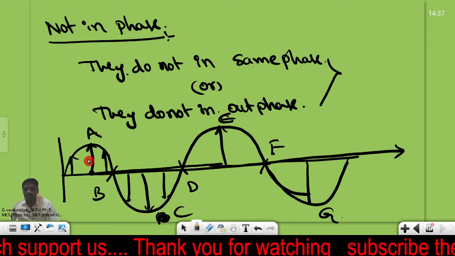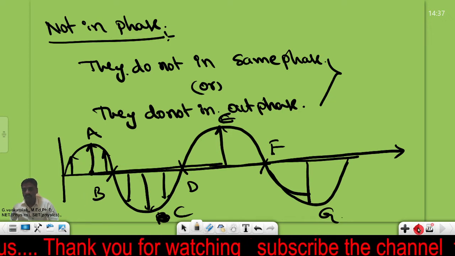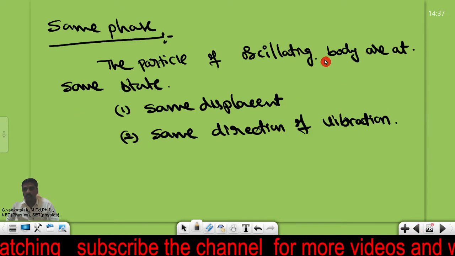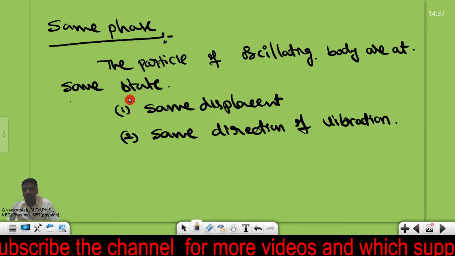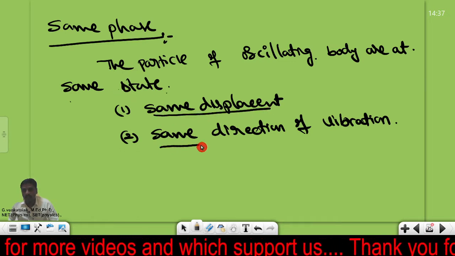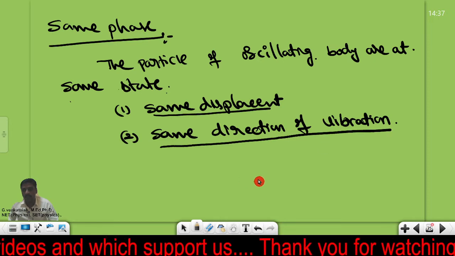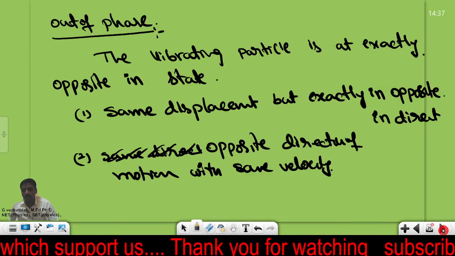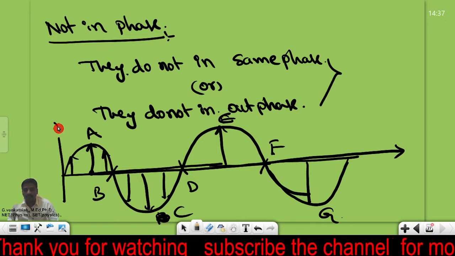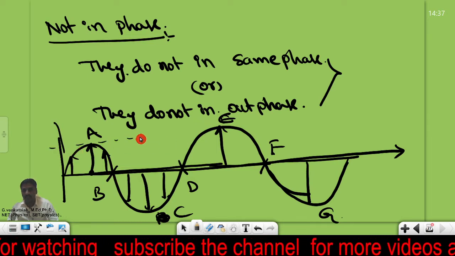Now, do you understand the definition of same phase? Same phase is when the particles of the oscillating body are in the same state. Same state means the same displacement and the same direction of vibration. In this diagram, which particles have the same displacement? They must have the same height.